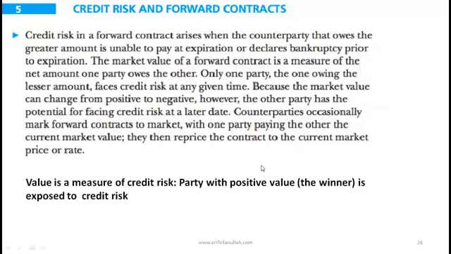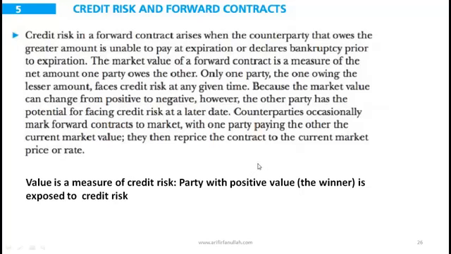If you are winning, which means that interest rates have gone up, so your forward rate agreement has positive value, do you have default risk or credit risk? Yeah, anytime your value is positive, there is credit risk because the counterparty owes you. And what's the magnitude or amount of that credit risk? It is based on the value that you have.